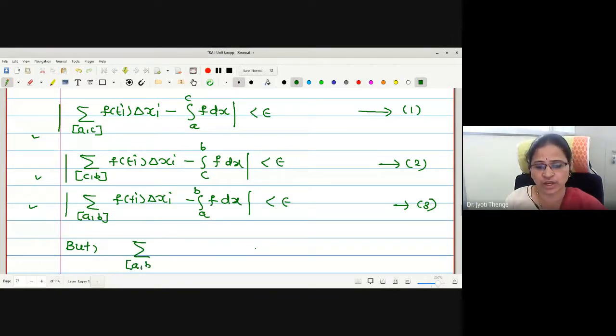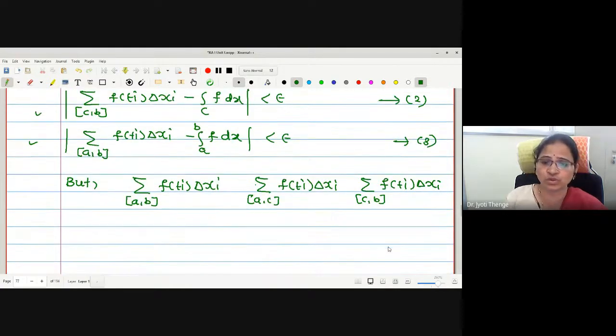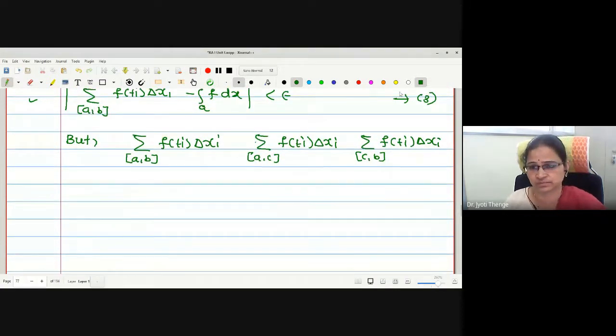We have the sum on a to b of f of ti delta xi. Next we have the sum on a to c, same term f of ti delta xi, and one more sum on c to b of f of ti delta xi. I just wanted to know the relation between the 3 terms.